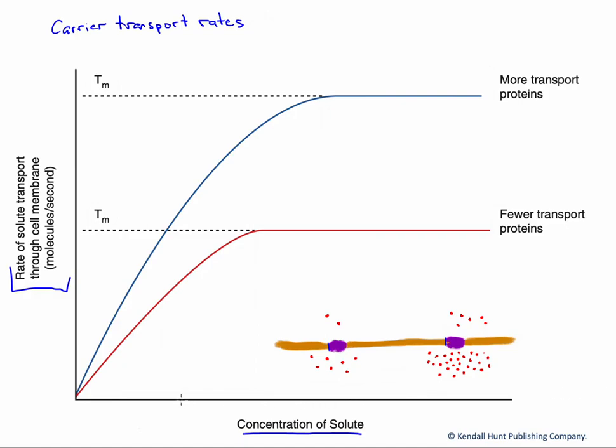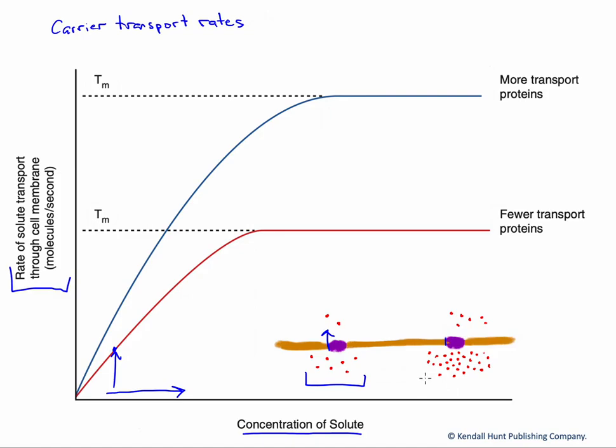We can see as we increase the concentration of solute moving to the right here on our x-axis, what happens is when we have a low concentration of solute, shown here, we have a reduced likelihood of interaction with our carrier protein, and our rate of transport across the membrane would be relatively low. Right, down here.